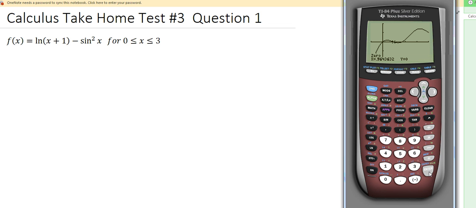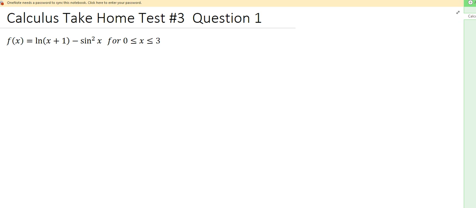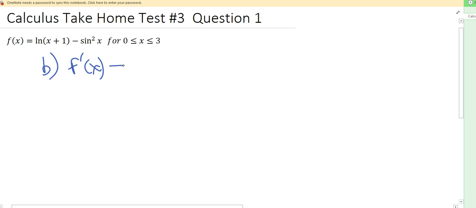Part B, which we could easily do by taking the derivative, which we'll take real quick just in case. The derivative of f of x is equal to the ln of x plus 1. It's just 1 over x plus 1, and since the portion inside the ln is just x plus 1, the derivative of that is 1, so we don't have to worry about that.